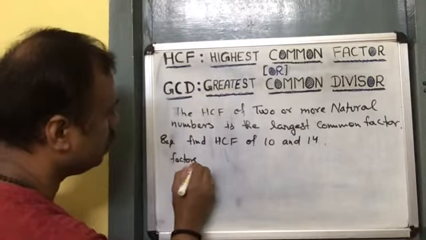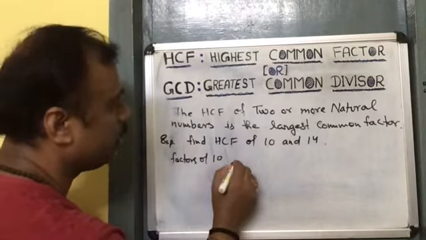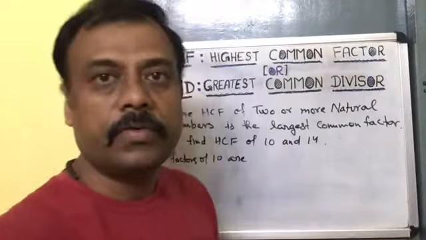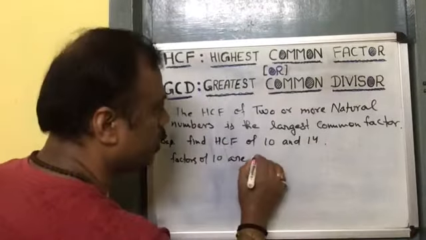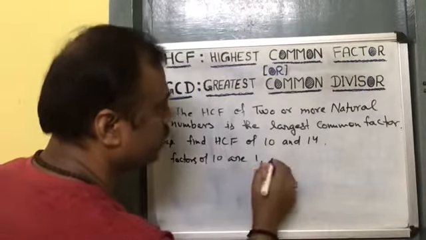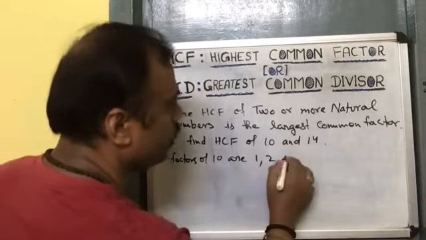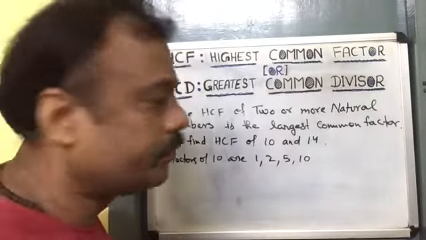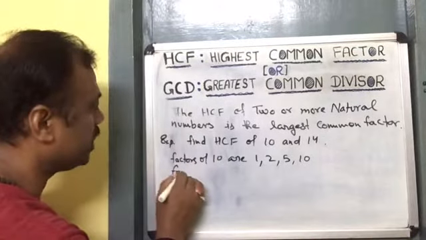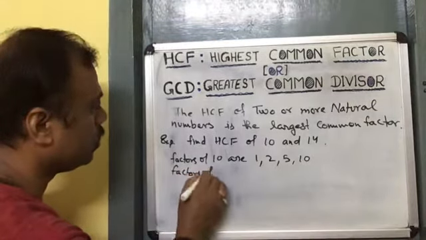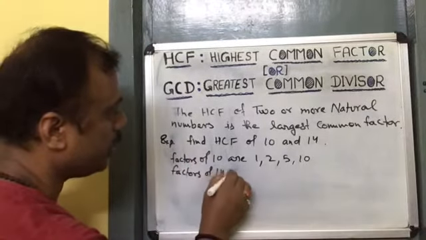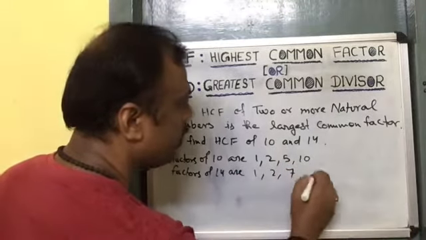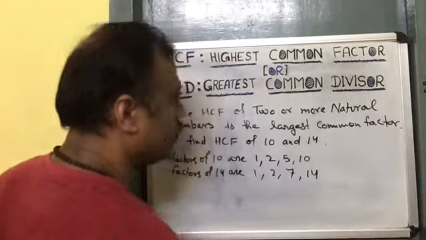Factors of 10 are, as we know that 1 is a factor of all natural numbers, 1, 2, which will divide it completely, 5 and 10 itself. Now factors of 14 are 1, 2, 7 and 14.